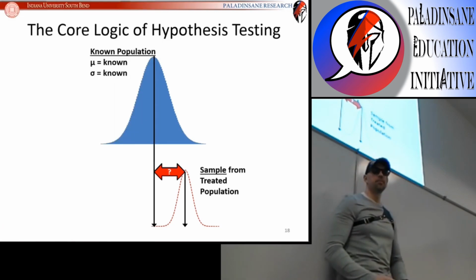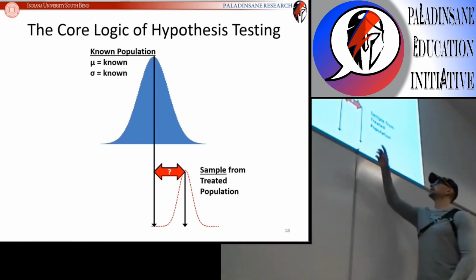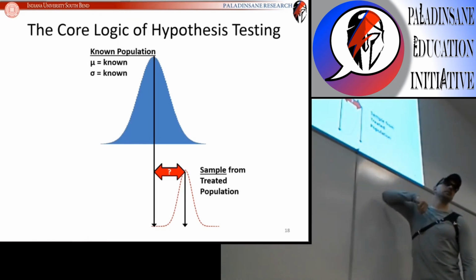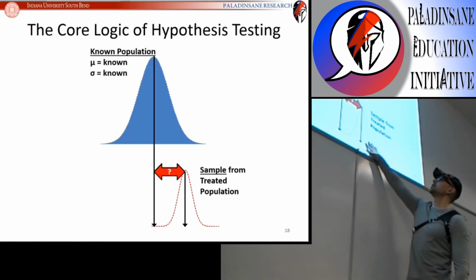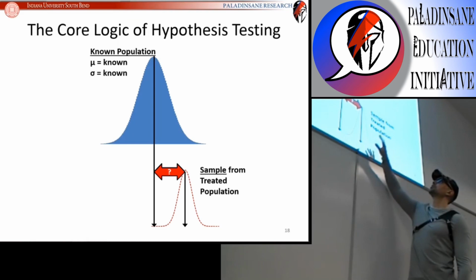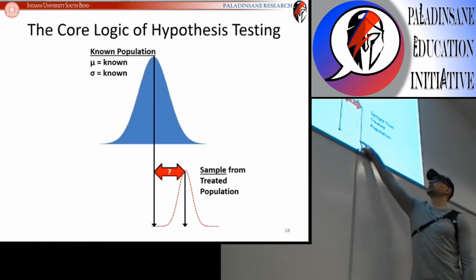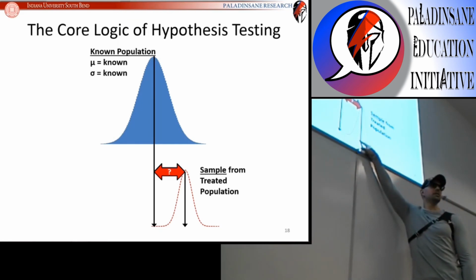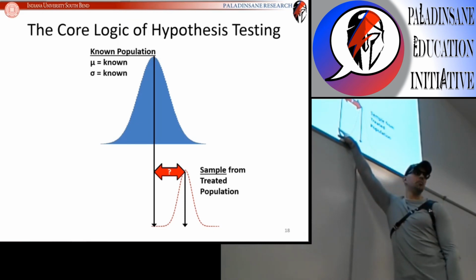All right, so we want to know, basically, does this belong to this population over here? And what we can do is we can say, not whether it belongs, but what's the probability that it belongs to this population over here? In other words, what's the probability of getting this sample mean if your population has this population mean?